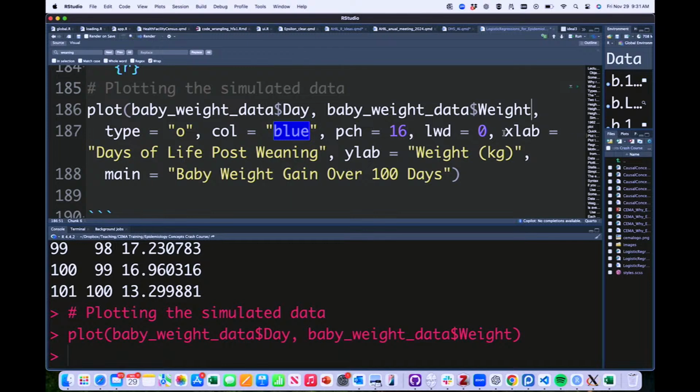And then label the x-axis with days of life post-weaning, and label the y-axis with weight in brackets kgs, and title the graphic as baby weight gain over 100 days post-weaning. I should put post-weaning here. That would describe the plot pretty well. So the real plotting is only the first line. Everything else is about aesthetics.